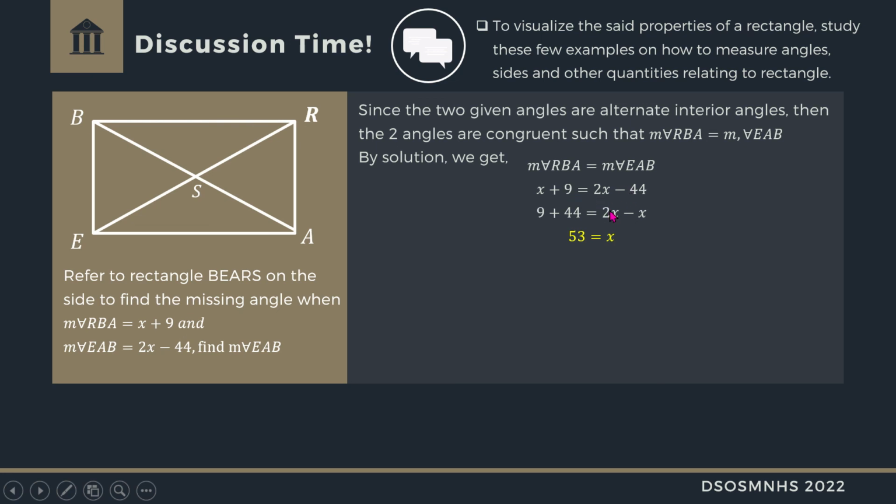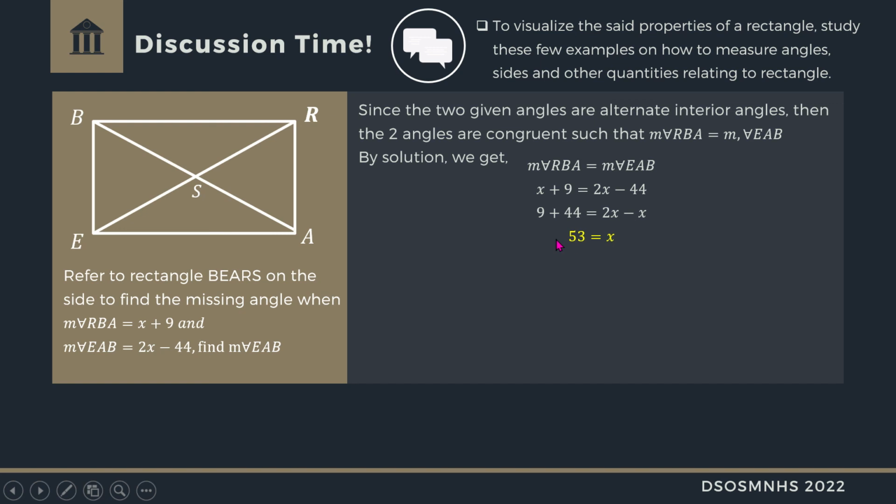Then group the variable x: 2x minus x, so positive x, moved to the left as minus x. Then we copy 9 and minus 44 moves to the other side as plus 44. That gives 53 equals 2x minus x, which is 1x or x. So therefore x is 53.